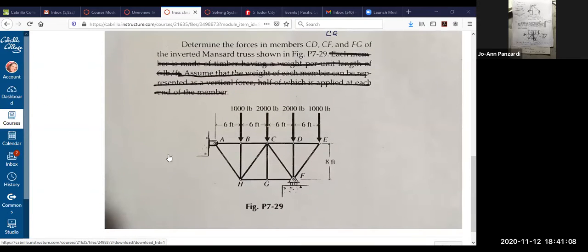With method of sections, since we're only going to analyze the left side or the right side, I really only need to find the reactions at the supports on the left or the right. Does everybody see that?